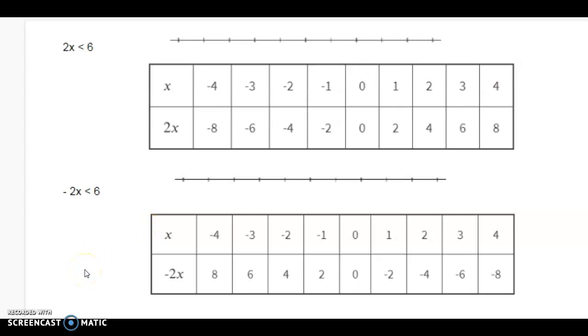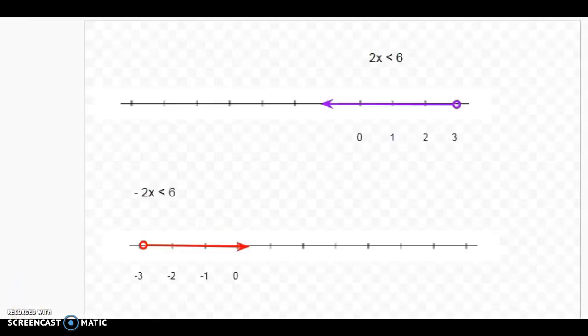What do you notice? So now here are the graphs for 2 times x is less than 6 and negative 2 times x is less than 6. Notice this graph and what's happening with the numbers and the line. Look at this graph and notice what's happening with the numbers and the line.